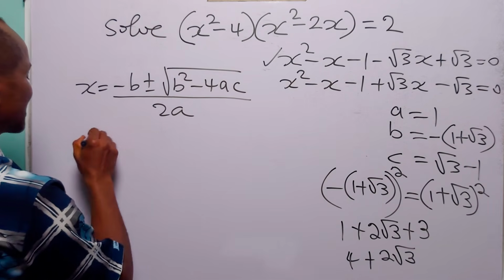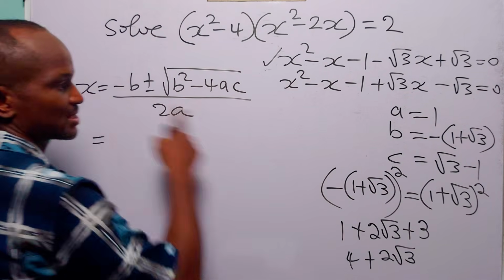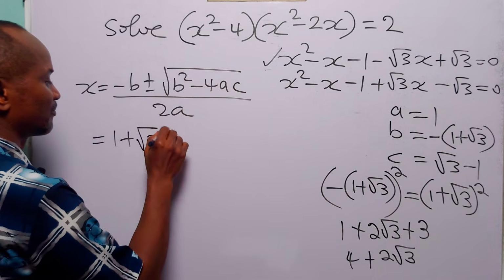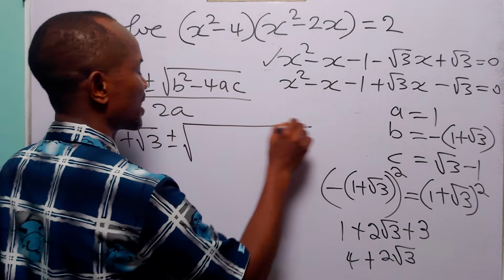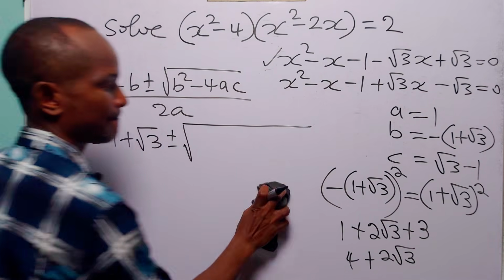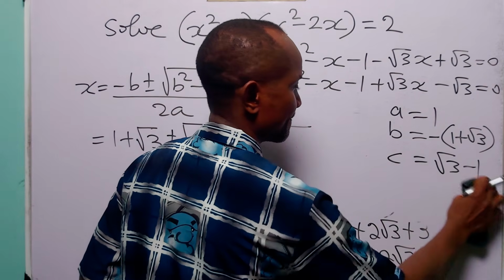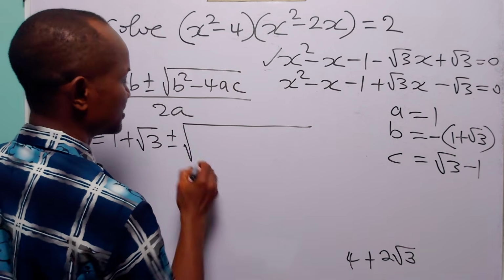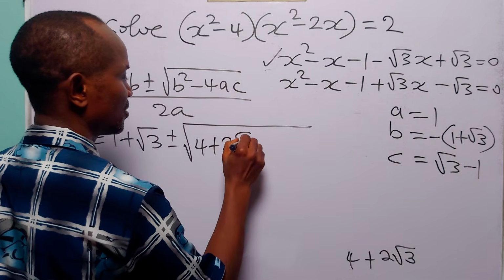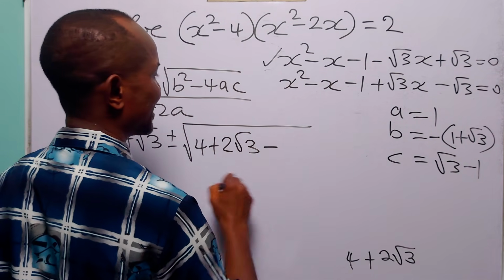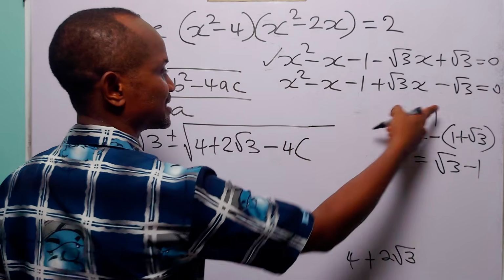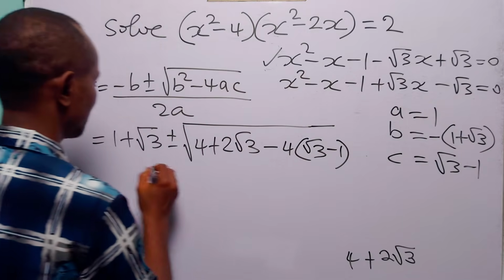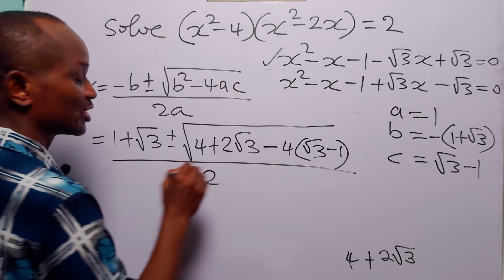Substituting into this formula, we have that x is equal to minus this. That is 1 plus root 3 plus or minus the square root of b squared, which is 4 plus 2 root 3, minus 4 times a, which is 1, times c, which is root 3 minus 1, divided by 2 times a.